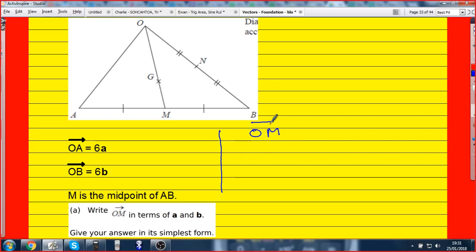Well, if you had the OA, surely OM equals OA plus OB? No? O to M would be O to A and then O to B. Now, you're going from O to M. So you go from O to A and then A to M. Yeah.